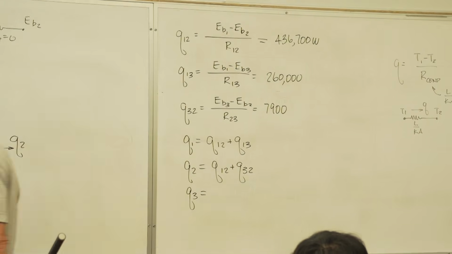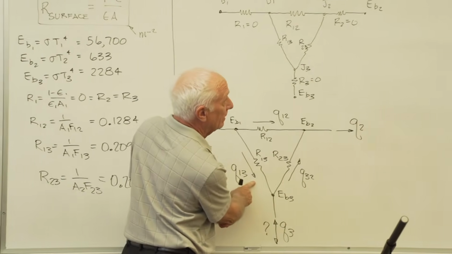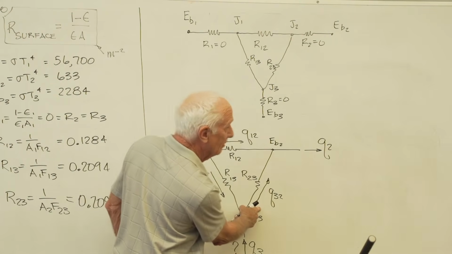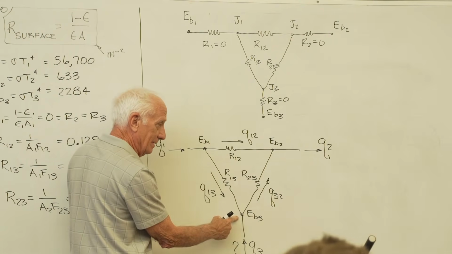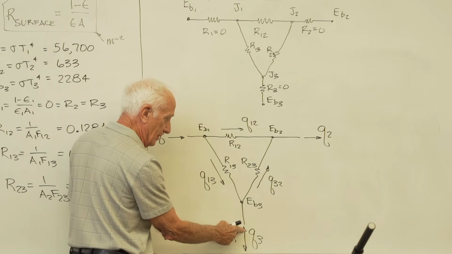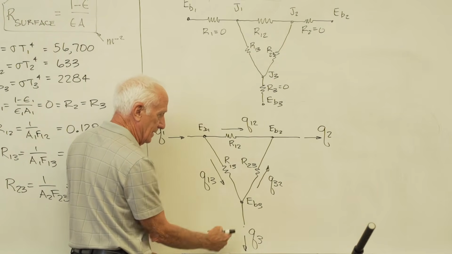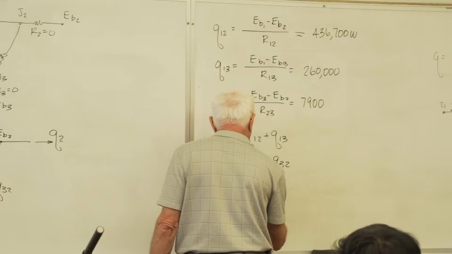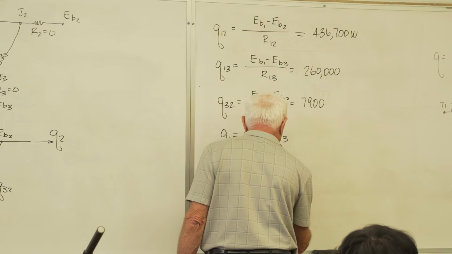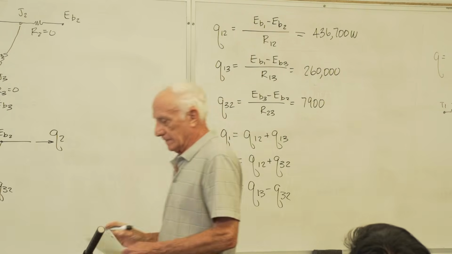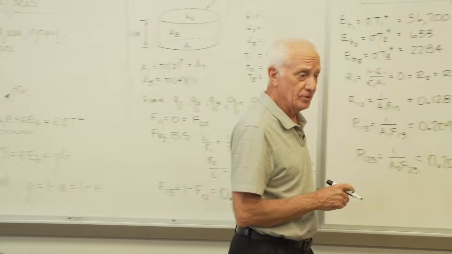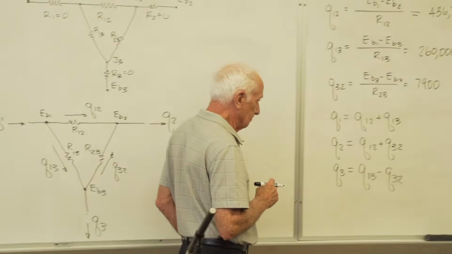Q3: what comes in? 437,000. What goes out? 7,900. A lot comes in, not much goes out. That means it's going out. So now I know that's the way it goes. This minus that, Q13 minus Q32. So now I've got all of my Q's. There's 6 total. You could be asked for any one of the 6.